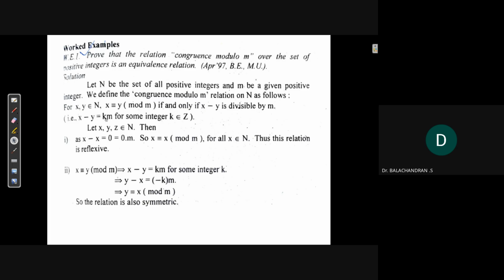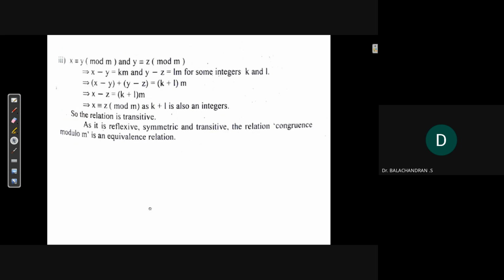Here x minus y equals k m, and here y minus x is equal to minus k into m. So we can say that y minus x is divisible by m. If y minus x is divisible by m, then using this, y is congruent to x mod m. So this relation is symmetric.